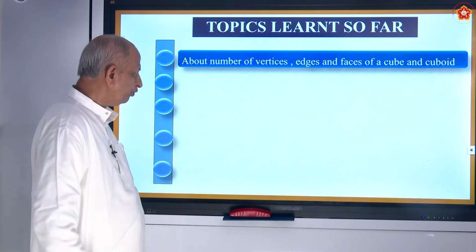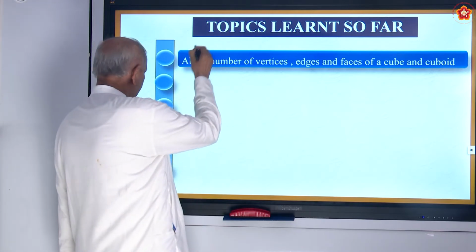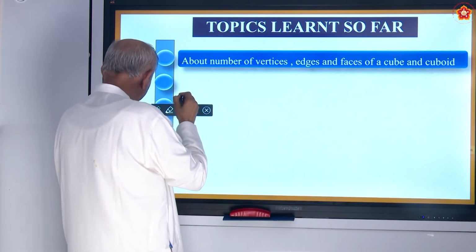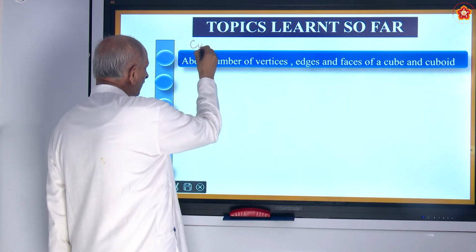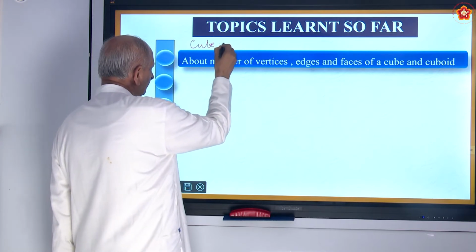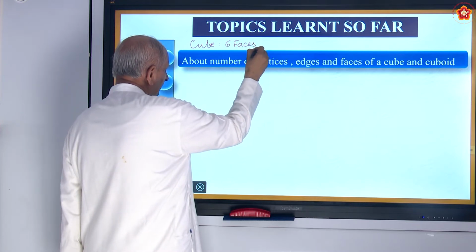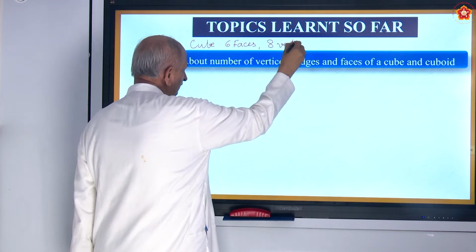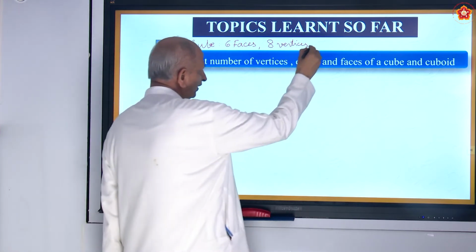Coming to the cube, how many vertices does it have? A cube has 6 faces, correct? So for a cube and a cuboid there will be 6 faces, and then 8 vertices and 12 edges.